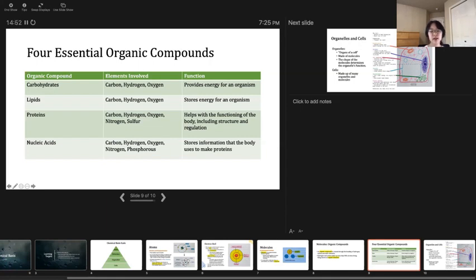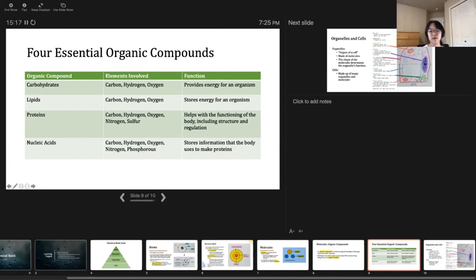And our last organic compound is nucleic acids. Like every organic compound before, they have carbon, hydrogen, and oxygen, those 3 essential elements. They also have nitrogen and phosphorus, which are 2 more types of atoms.